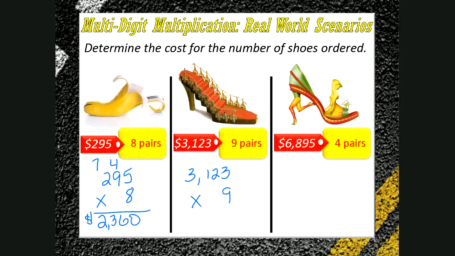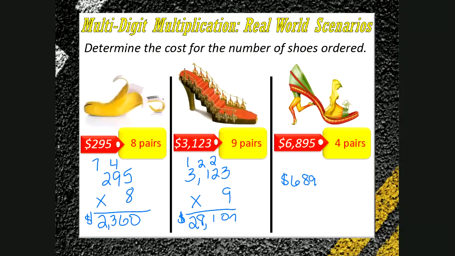So we can multiply. 9 times 3 is 27, carry our 2. 9 times 2 is 18, 19, 20, so we're going to put our 0 here, carry our 2 over. 9 times 1 is 9, plus 2 more would be 11. 9 times 3 is 27, plus 1 more is 28. Don't forget, we're talking about money. And we're going to put our comma in, and it would be $28,107.